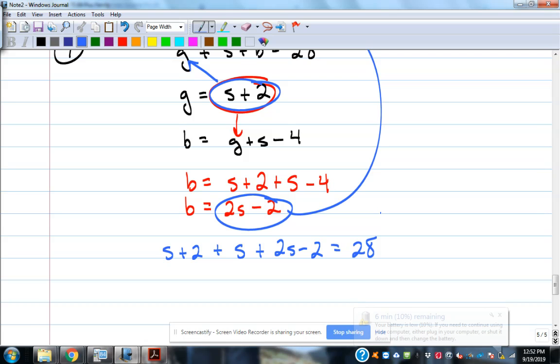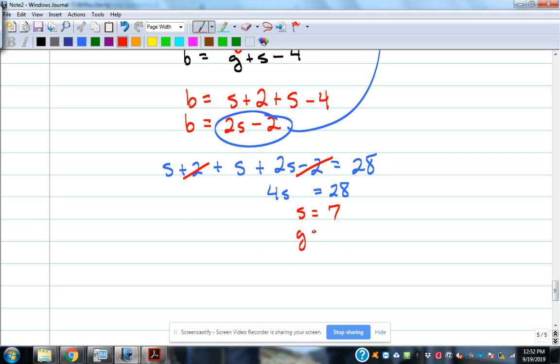Now we've got an equation that only has one kind of variable in it. So we simplify to 4S is equal to 28, because the 2's cancel each other out, right? And the silver medals was 7, which means the gold medals was 9, which means the bronze medals, 2 times 7 minus 2, would be 12.